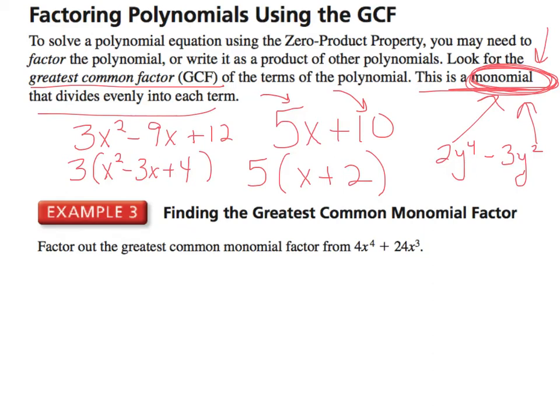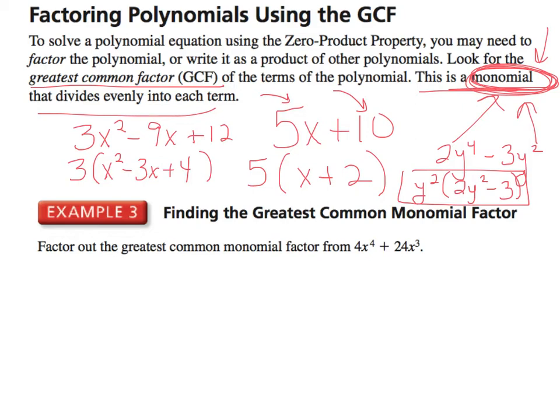But they both have a letter. So what can you take out of them? Well, you can take out a y squared. Remember, when you divide with the same base, you subtract the powers. So this would be left with 2y squared, because 4 minus 2 is 2, minus 3. And that would be your answer if you factored out a y squared. You should have done that last year.